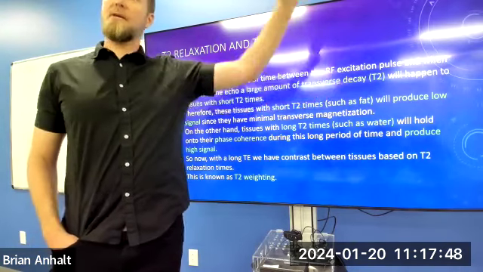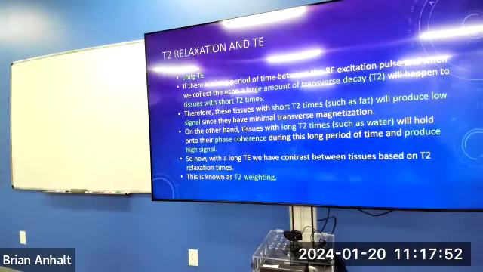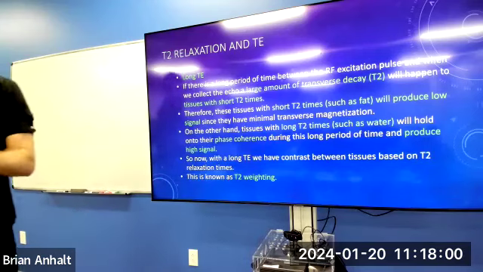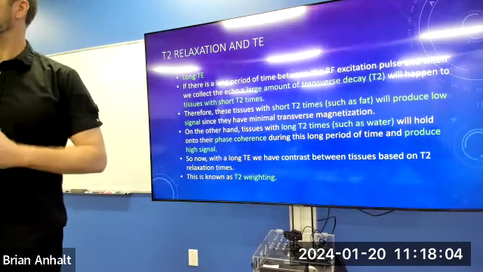Right, and because we use the 180-degree refocusing pulse, the decay is due to what? If we use a 180-degree refocusing pulse, what is the decay that we measure based off of? True T2 interactions.